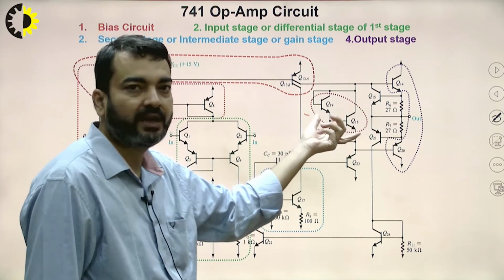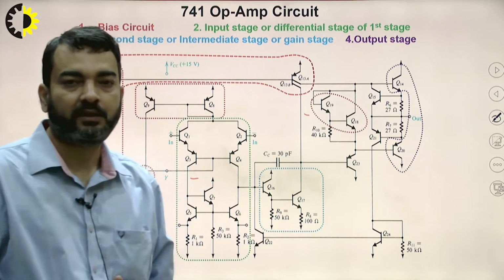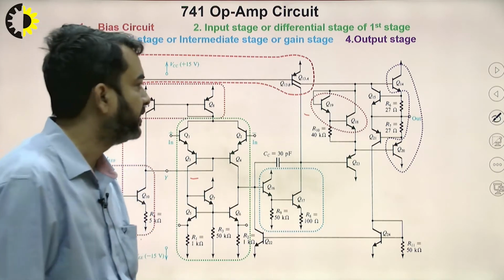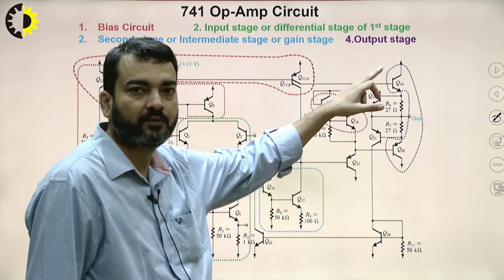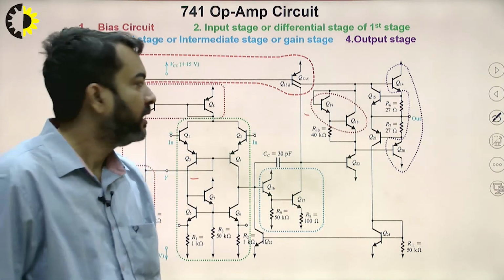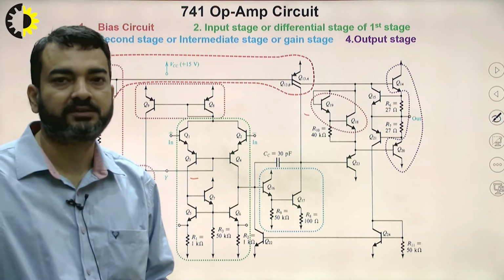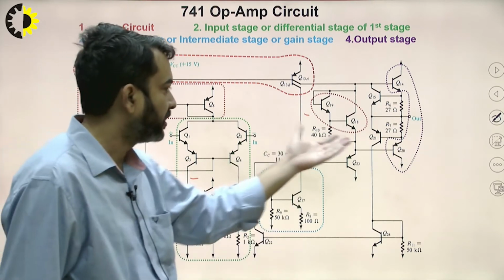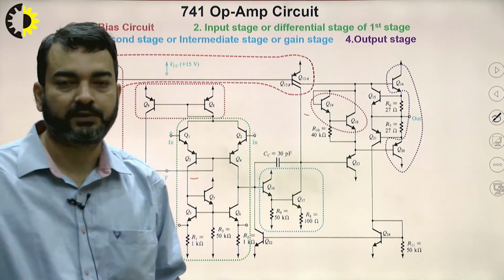Then another bias circuit formed by transistors Q18 and Q19 is responsible for creating twice the VBE drop between the bases of output transistors Q14 and Q20. These Q14 and Q20 transistors are class AB transistors working in emitter follower configuration.